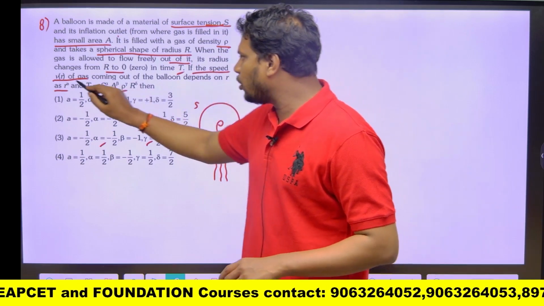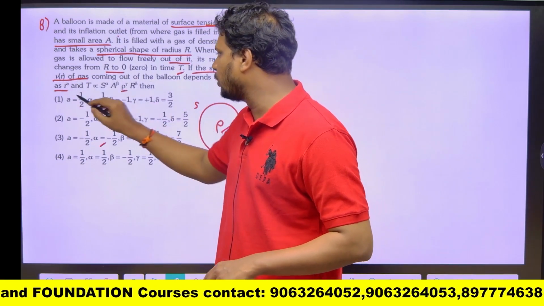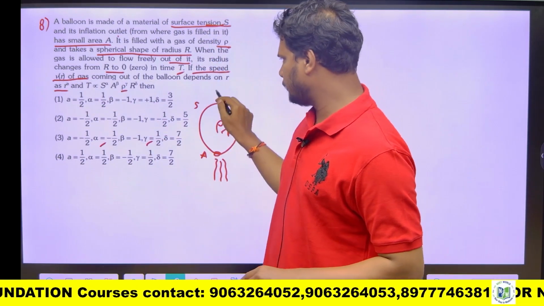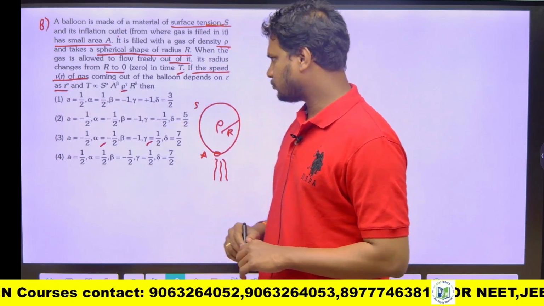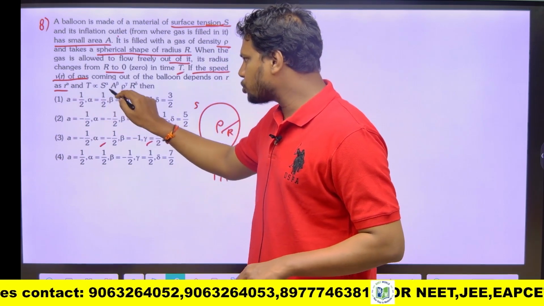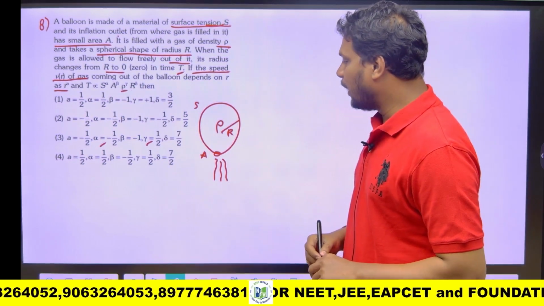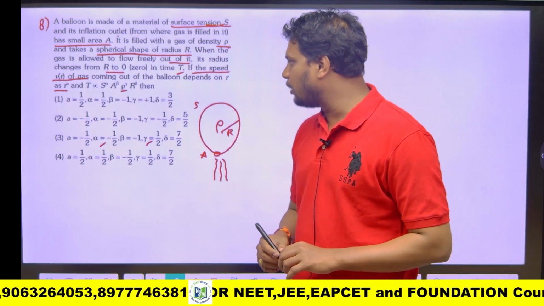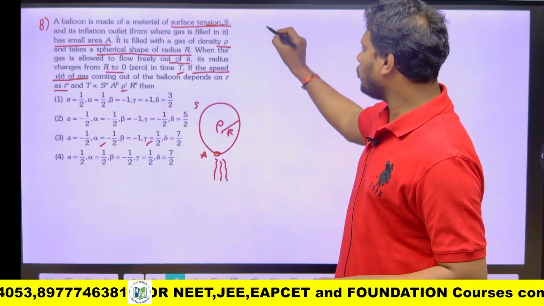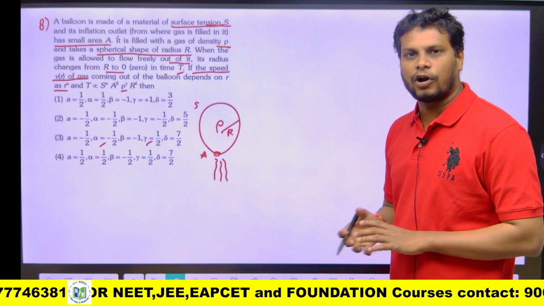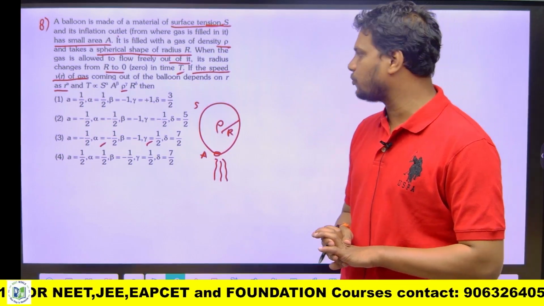If the speed of the gas coming out of the balloon depends on R as R power a, then t is proportional to S power alpha, A power beta, rho power gamma and R power delta. So we are going to do this problem using the dimensional analysis method.